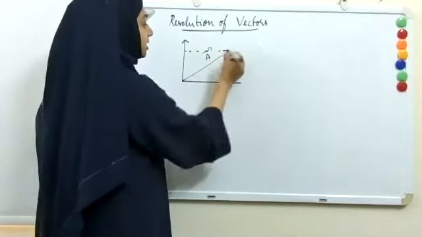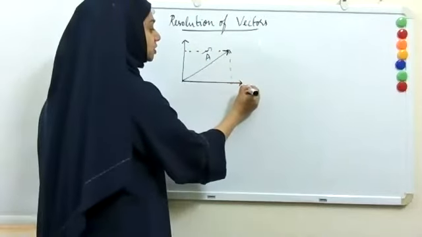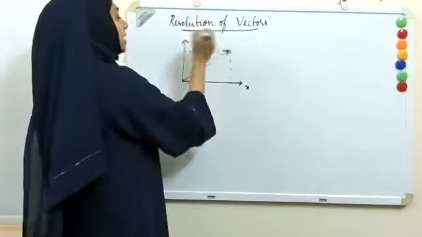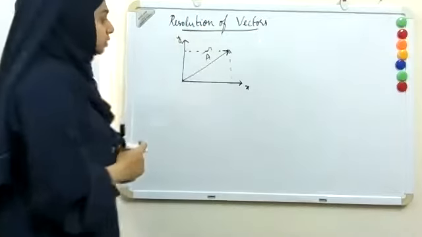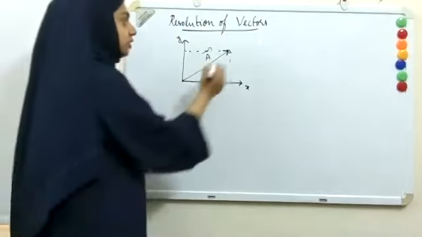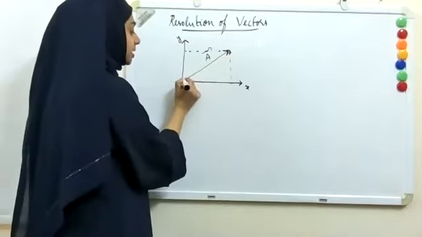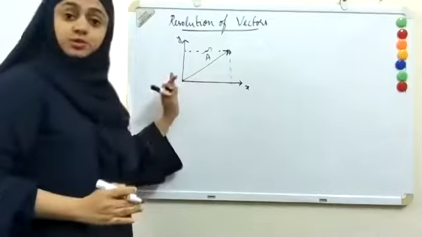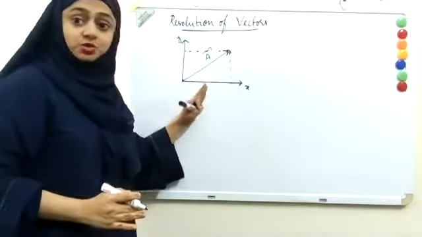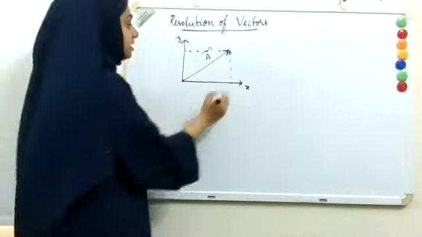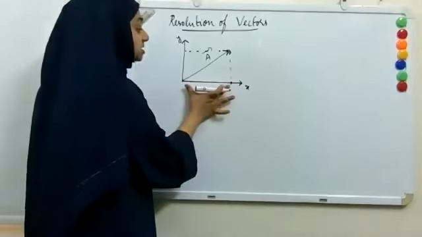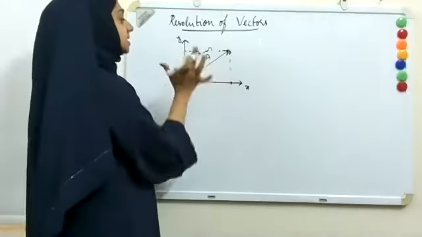We know that the horizontal direction is usually called the x direction and the vertical direction is usually called the y direction. So if I'm resolving this into two vectors which are perpendicular to each other, which means the angle between these two vectors is 90 degrees, we can call them the components of vector A.